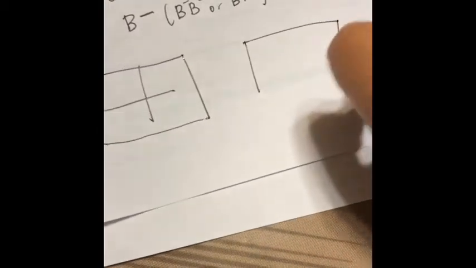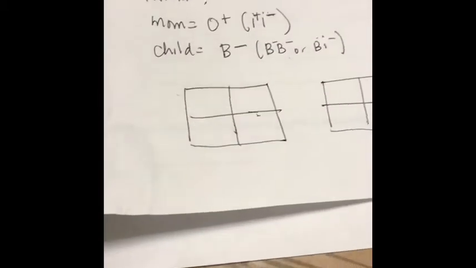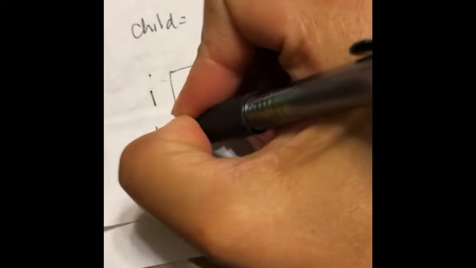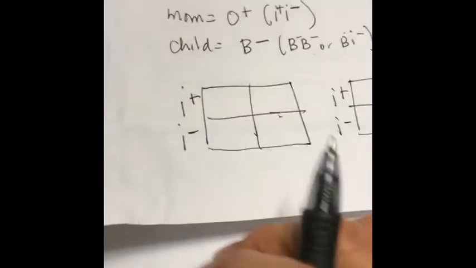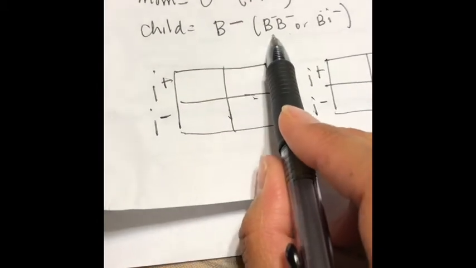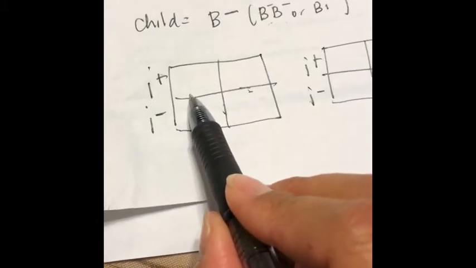So we're going to have to figure out the Punnett squares. And there's going to be 2, because the child could be either this or this. So what we're trying to do is figure out who the dad is. We do know mom. So mom is I positive, I minus, I positive, I minus. And the child, this is the possible blood type for them.